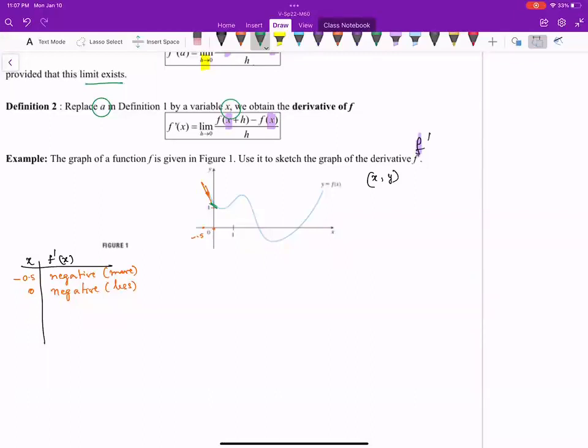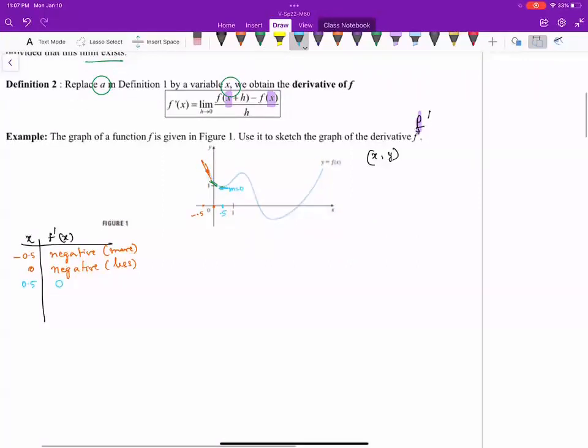So the previous red line has more slope than the green one. Now consider this particular point, where the tangent is horizontal. So the slope is 0, which happens at approximately 0.5. So at 0.5, the slope is 0.